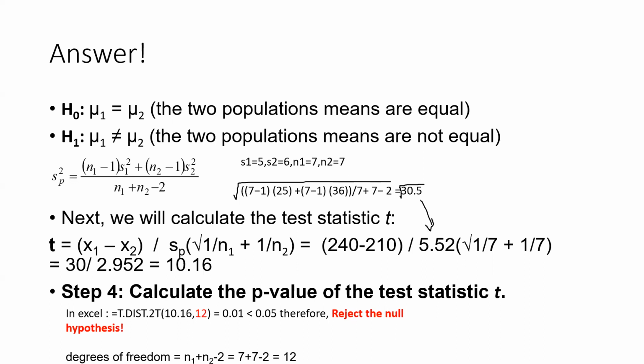After I calculate the square root of that, I calculate the t-value, which is the average of number 1 minus the average of number 2, divided by 5.52 multiplied by the square root of 1 over 7 plus 1 over 7. So the answer for the t-value is 10.16, right?